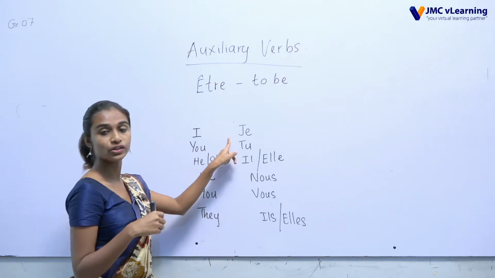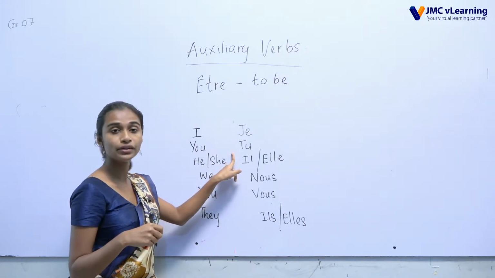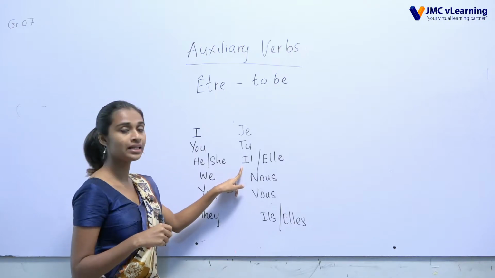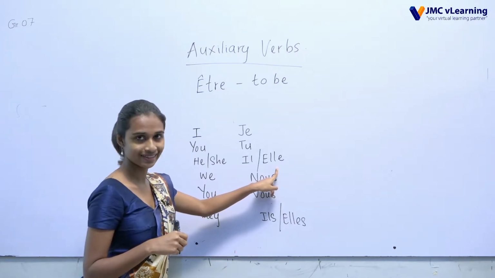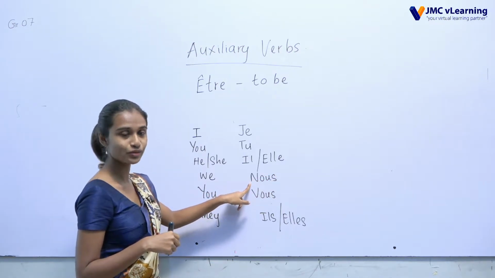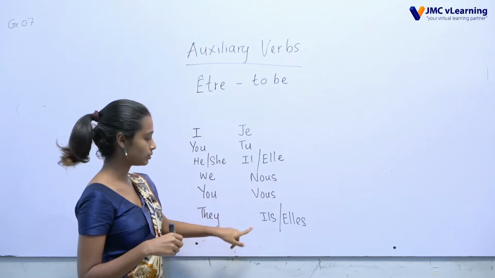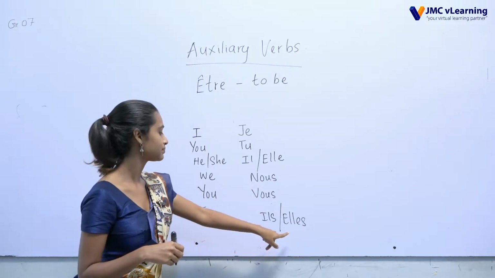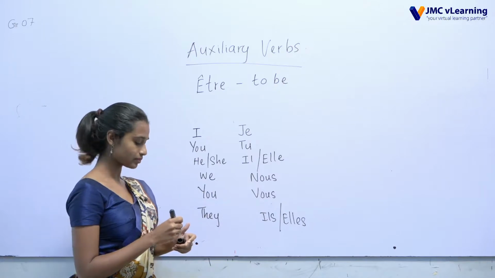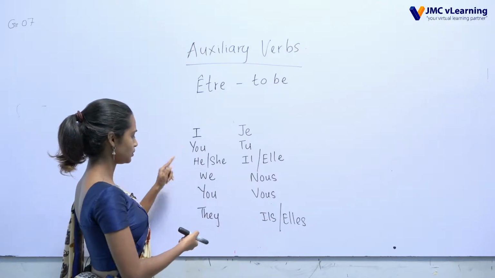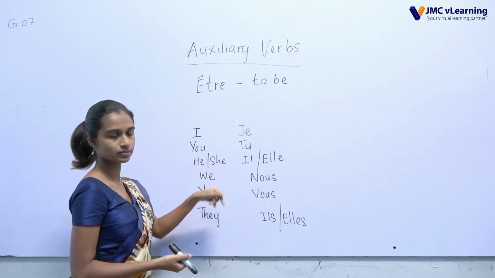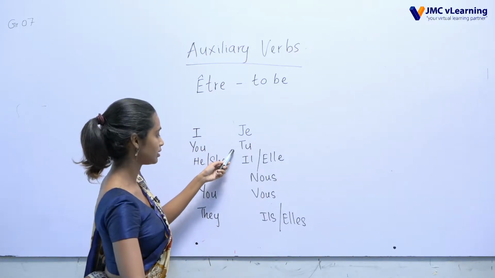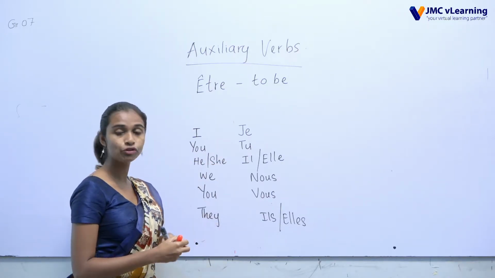Right? Je, tu, il, elle, nous, vous, ils, elles. Right? Now there are two yous here. No? There is tu and vous, which means you.